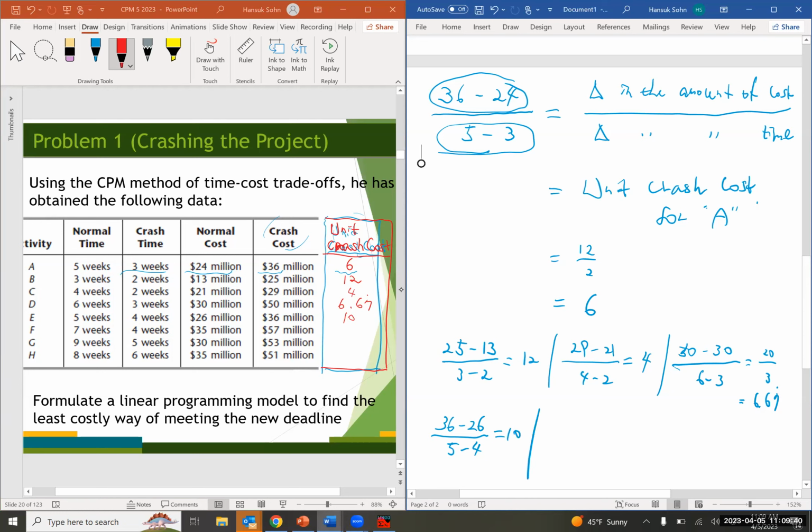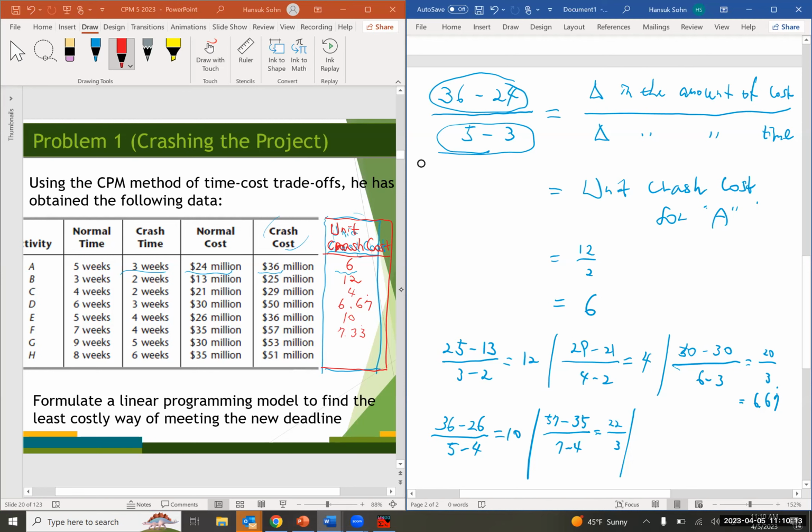And for F, 57 minus 35 over 7 minus 4. How much is that? 22 over 3. So it's like 7.33, right?